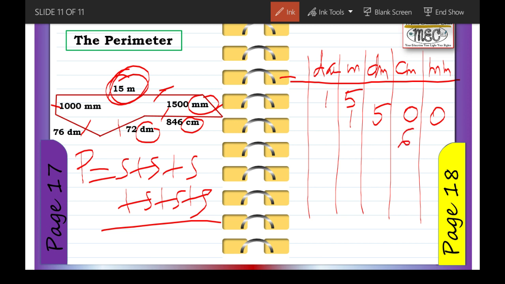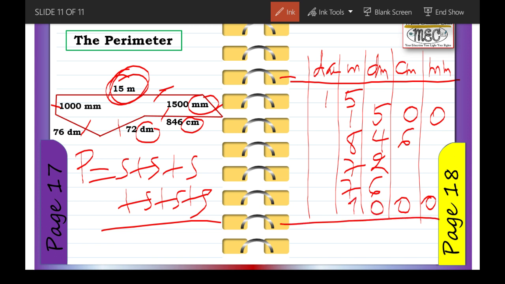The next one is 846. 6 is put here under centimeters. The next one is 72 decimeters. The next one is 76 decimeters. The next one is 1,000 millimeters.